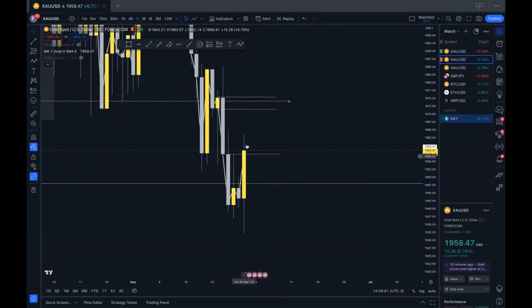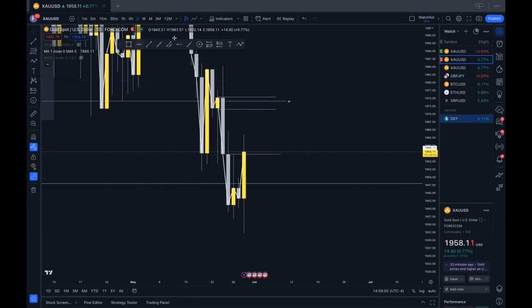But we have to play it level by level, candlestick by candlestick. This is the most recent support. It is support because price opened and closed, rejected this level, and dropped. But now if price breaks out from it, it's a breakout of support.